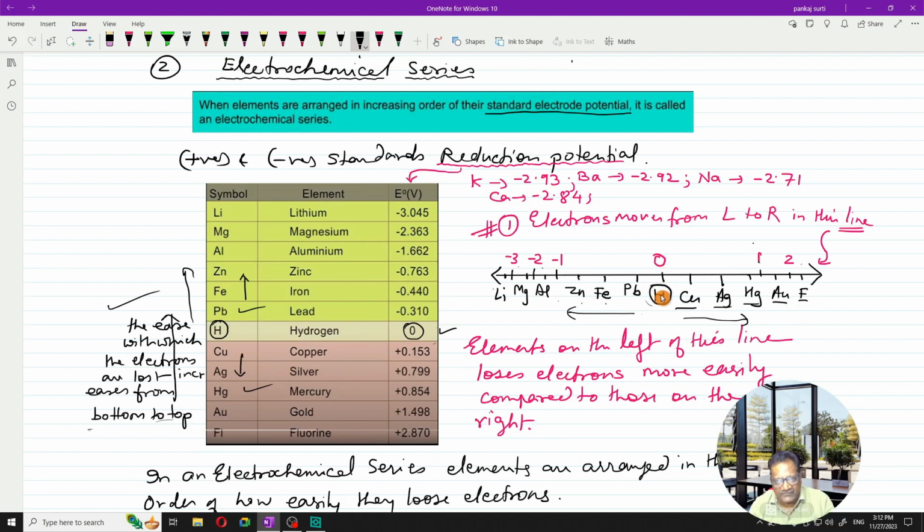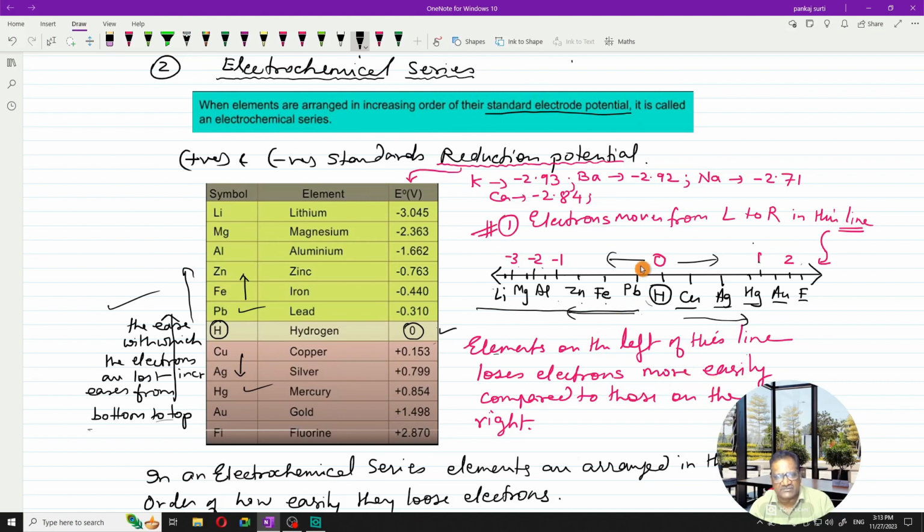Now here, instead of saying below hydrogen, you can say on the right of hydrogen, and these are on the left of hydrogen. On the right of hydrogen you will find these elements which will not lose electrons that easily, and these are the elements which are going to lose electrons more easily. Elements on the left of this line lose electrons very easily.